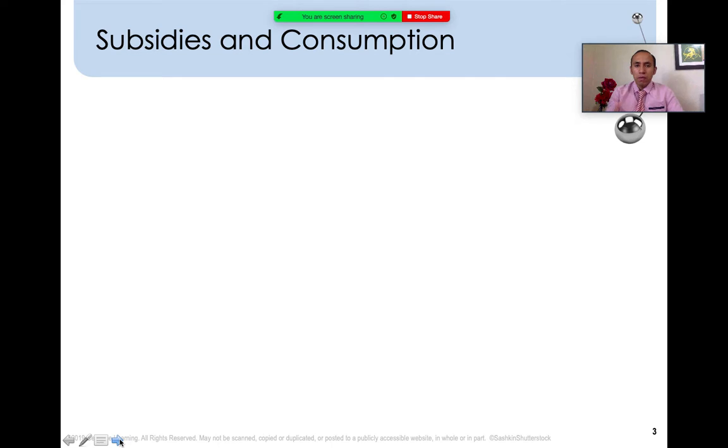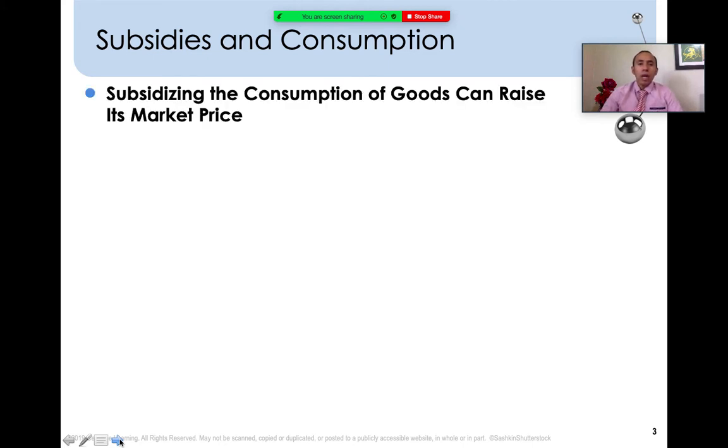This can be done in different ways. For example, providing an EBT card that allows consumers to spend more, and that's subsidized income. Subsidizing the consumers can increase their income to consume, it increases their consumption, and it also essentially increases the market price in the market. And this is done in different ways.